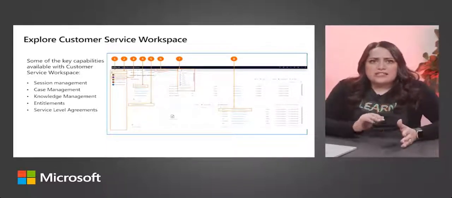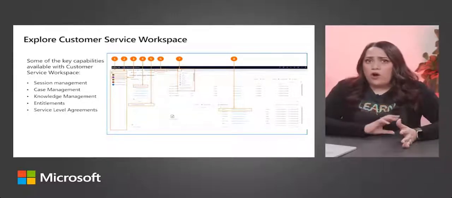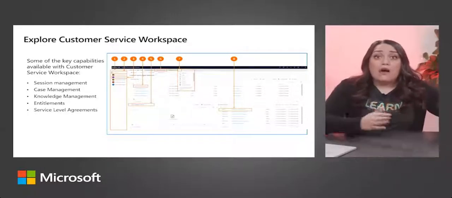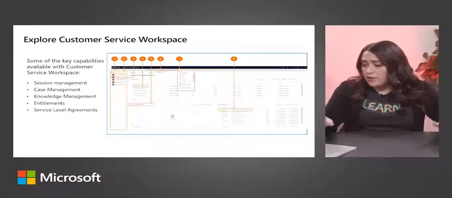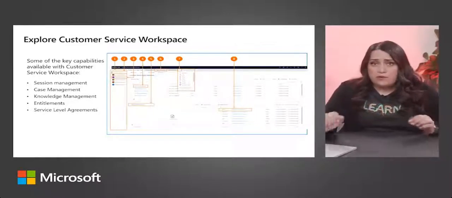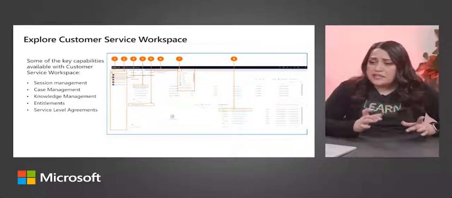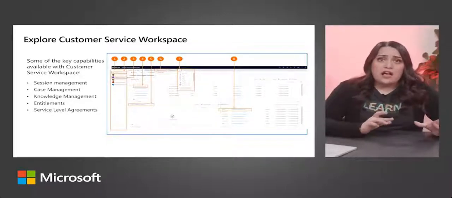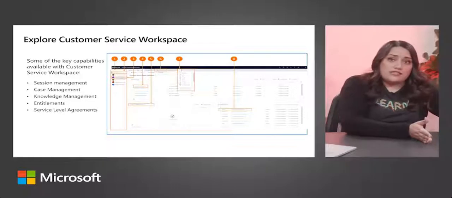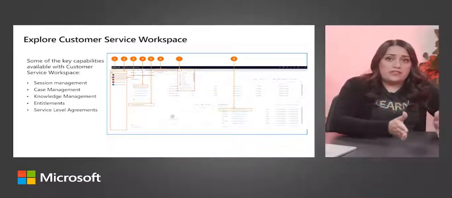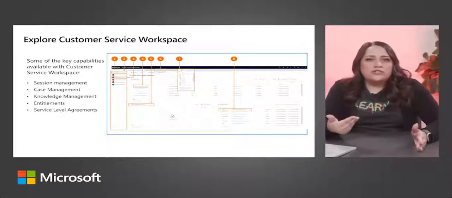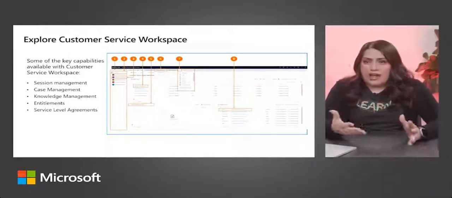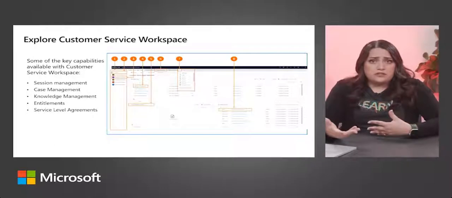And basically, this is going to allow them to work with all sorts of different customers at once. So while you're working with customer to customer, you may be switching tabs, you might be working with different knowledge articles, but this customer service workspace allows you to maintain all of the same information with the same case and with the same customer, but still being able to switch back and forth without losing any conversation or any of the context or the customer details.